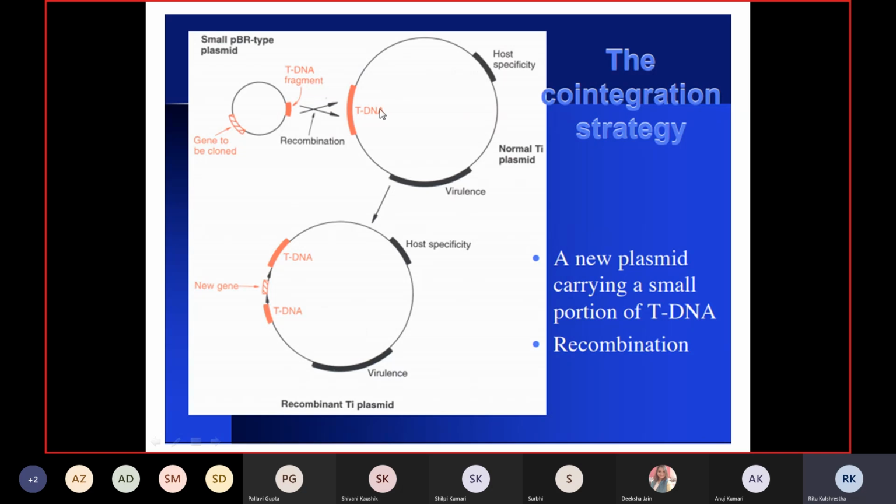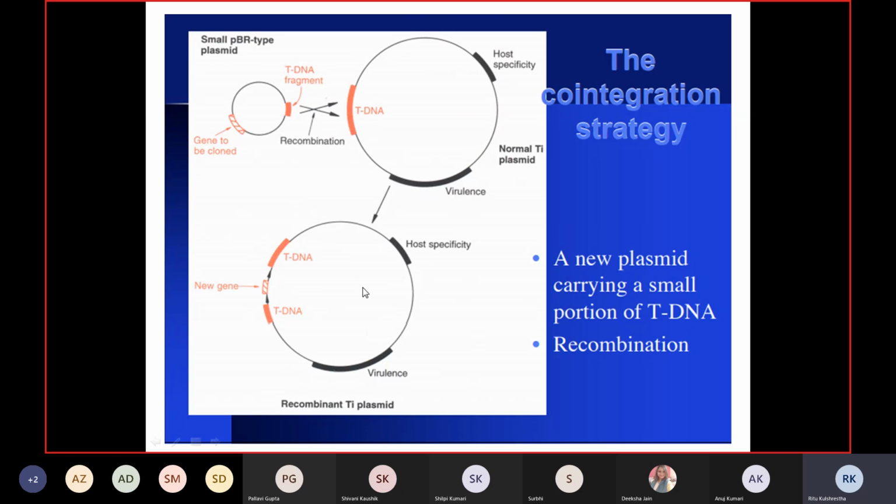If the recombination takes place, then this whole plasmid will get integrated within the tDNA region.